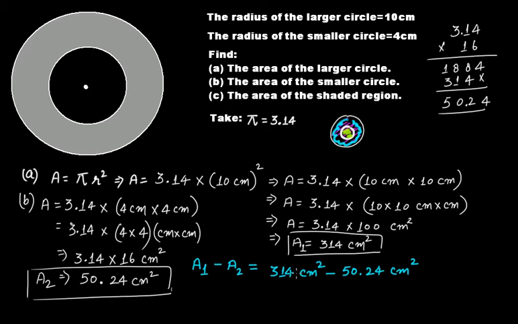You have to first convert either meter square into centimeter square or centimeter square into meter square. This particular discussion we are going to cover in our next video tutorial. In this video tutorial you are not going to face any problem where the units are different.